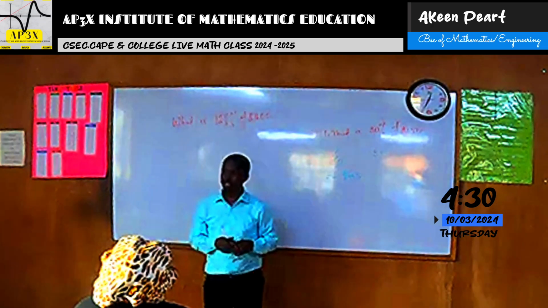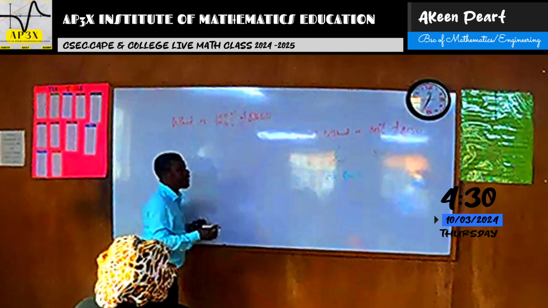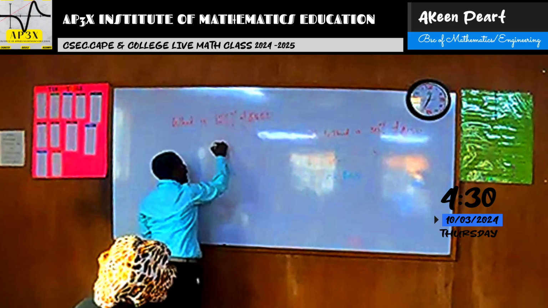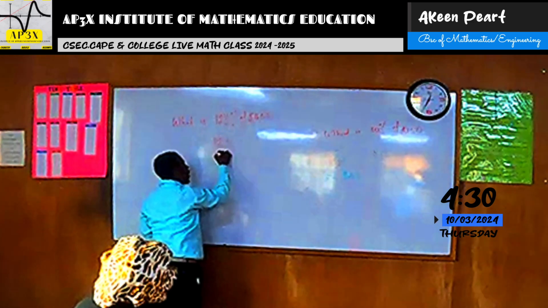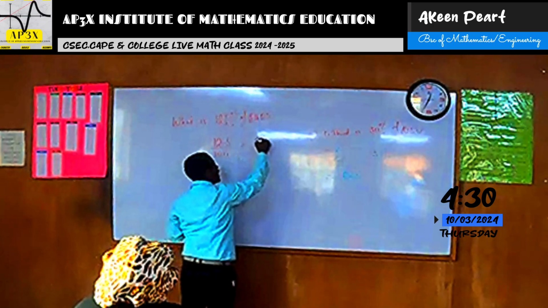So for this one, 12.5, it's easy for anybody to say 12.5 over what? 100, multiplied by 1,600.